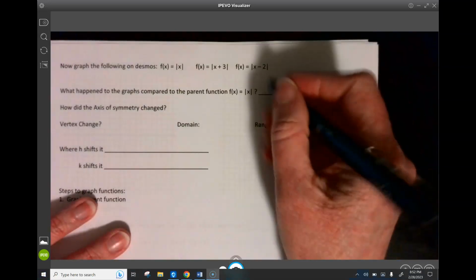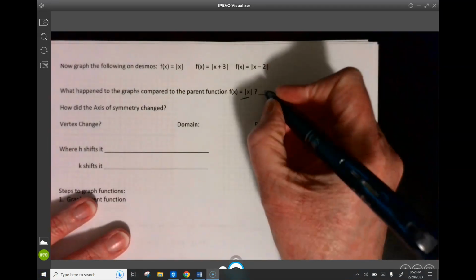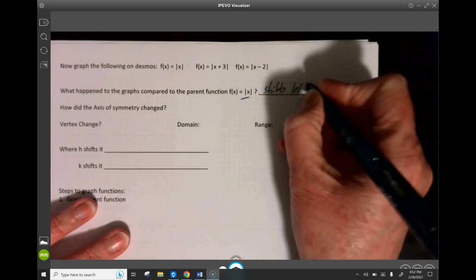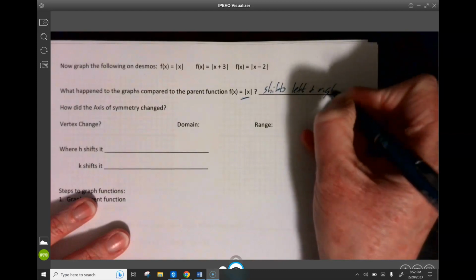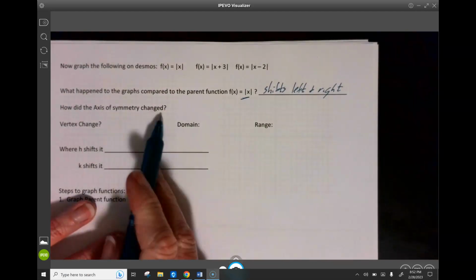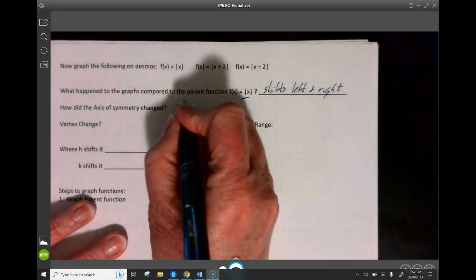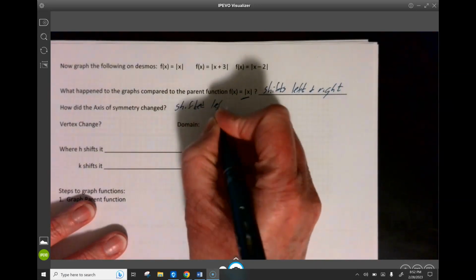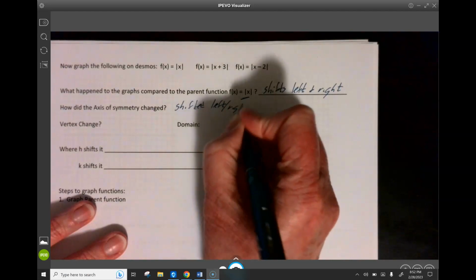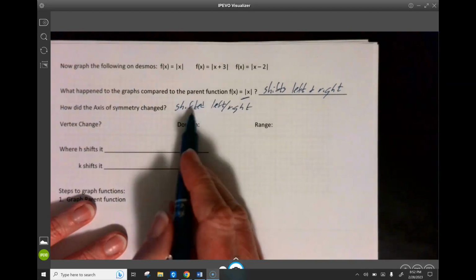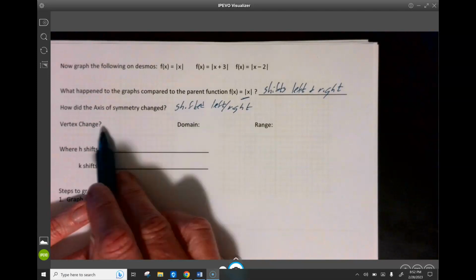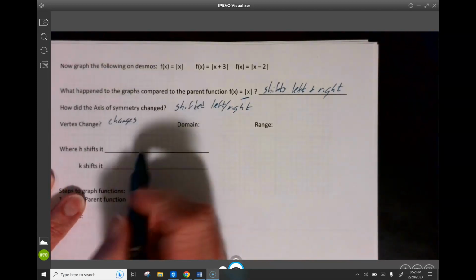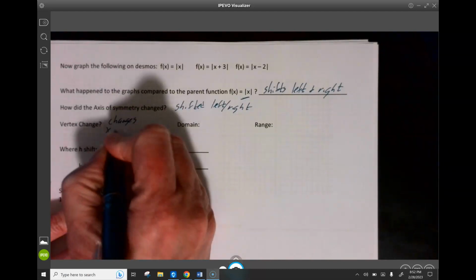So how did this change? Compared to the parent function, it shifts left and right. Okay, how did the axis of symmetry change? It also shifted left and right. So if my graph shifted left, my axis of symmetry shifted left. What about the vertex? Well, yes, that changed. Okay, but this time the x value changed.